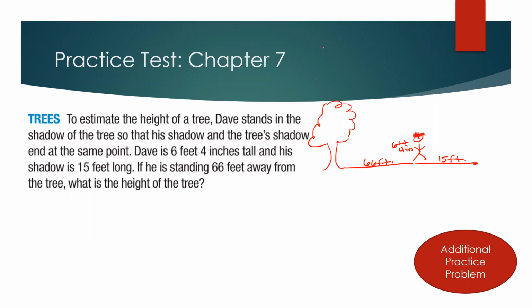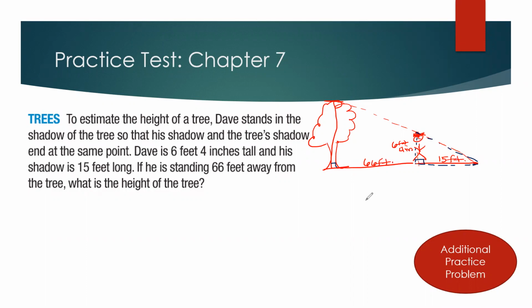So here, what we end up having, we want to know the height of this tree. We want to know the distance from here to here. So what we end up having is this right angle, okay? And Dave's height and his shadow are also forming another right triangle, okay?